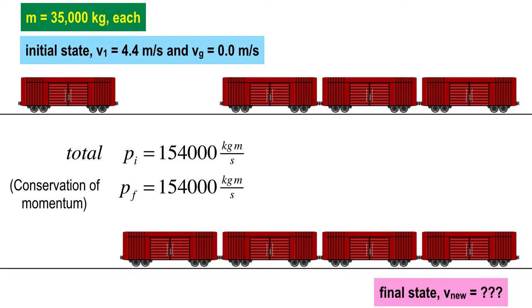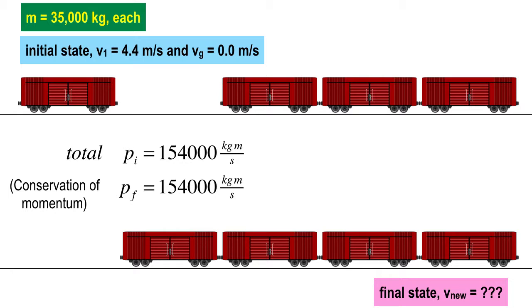So this P subscript F, by conservation of momentum, we know is 154,000 kilogram meters per second. But by definition of momentum, it's equal to mv1 plus mv2 plus mv3 plus mv4. In other words, mv for each of the four boxcars.